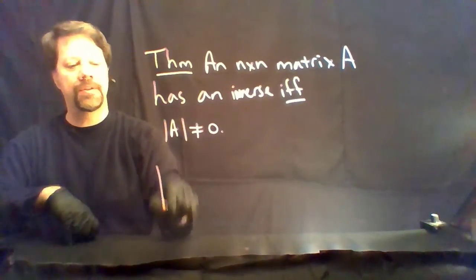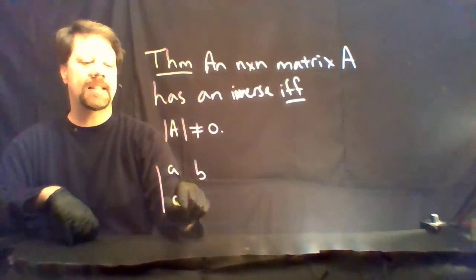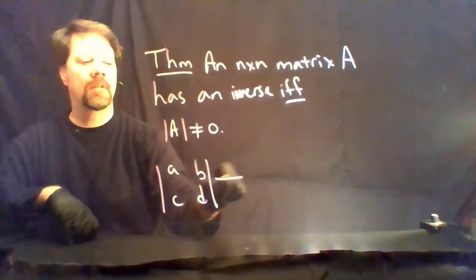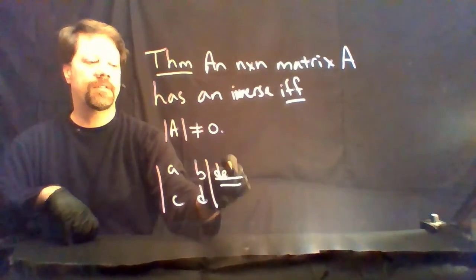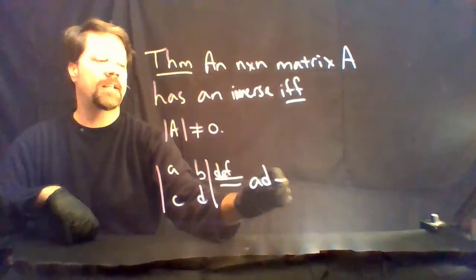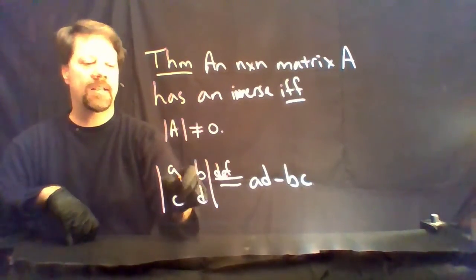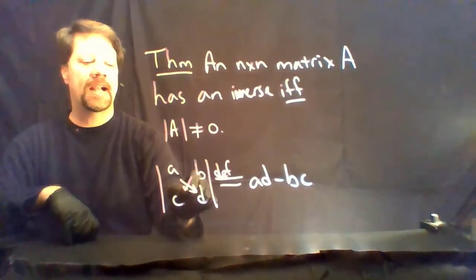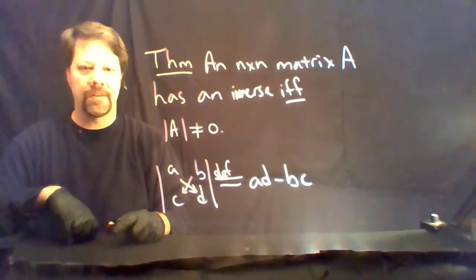For a 2 by 2, the determinant of A, B, C, D is, by definition, AD minus BC. You can see you multiply this way and then you subtract the product going the other way.